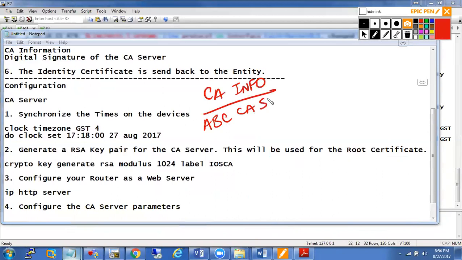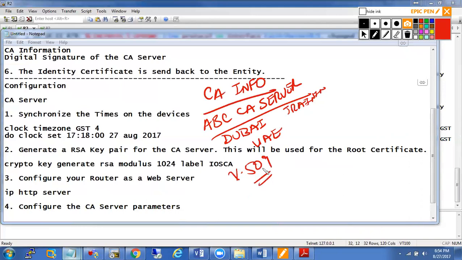CS server is my name. I'm located, let's say, in Dubai. My country is UAE for the CA server, and then maybe you might want to say the department over here is training. You use the X.509 format to specify that information. So how do I do that?